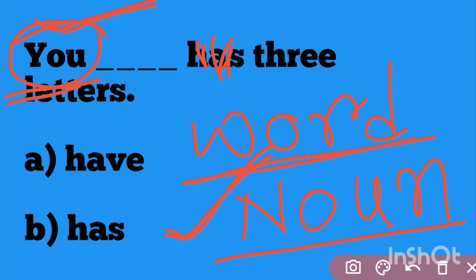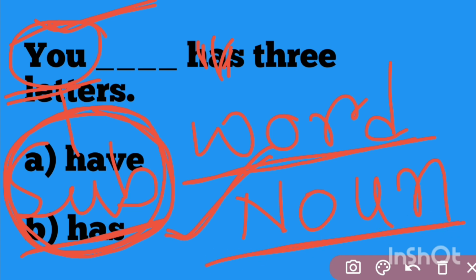Why am I saying that it is a noun? Because it is used as the subject of the sentence. And subjects, my dear friends, can only be nouns or pronouns. Any other part of speech except noun or pronoun cannot be the subject of a sentence. So it is not a pronoun, so obviously it's a noun.